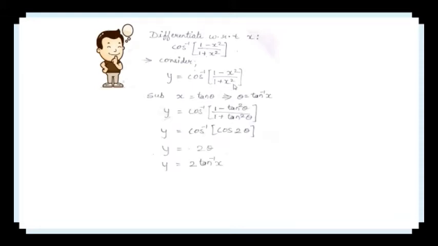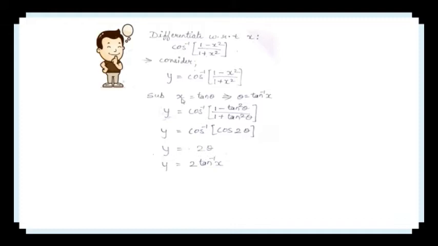That is cos 2 theta. So y equal to cos inverse of cos 2 theta. And what is cos inverse of cos x? It's x only. So y equal to 2 theta.